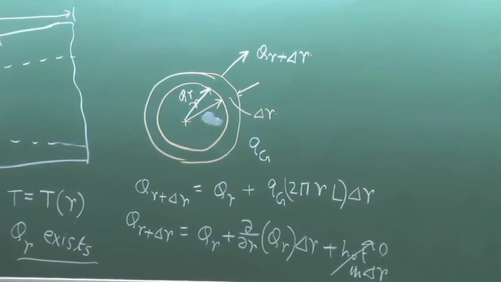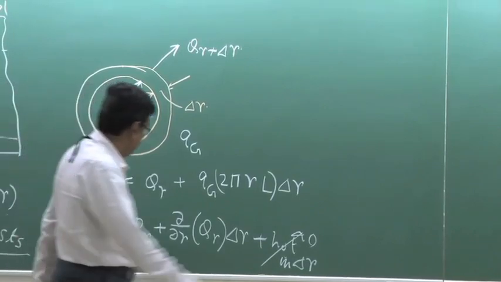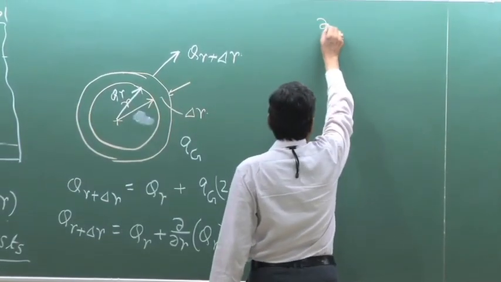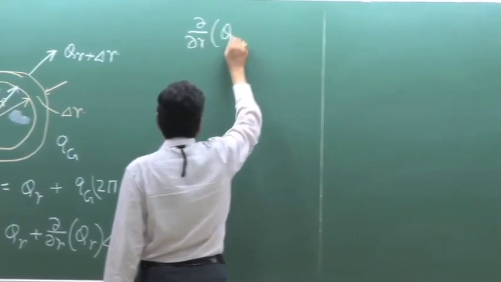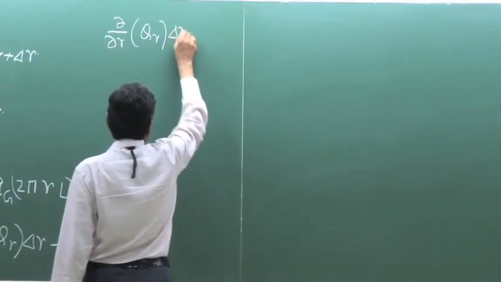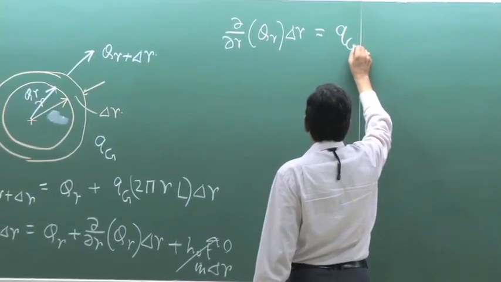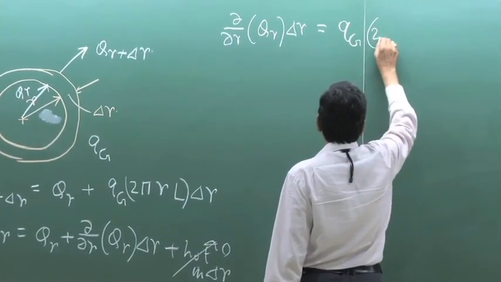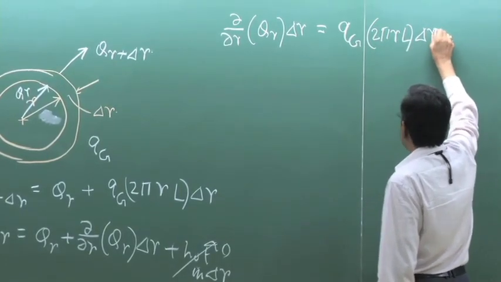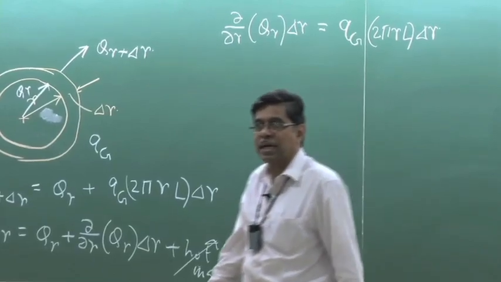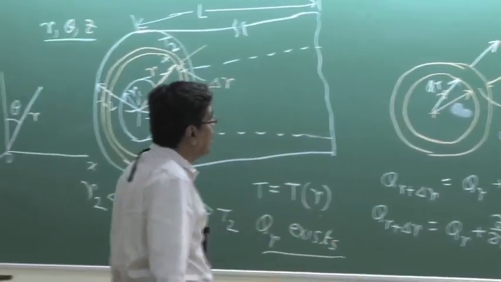So if we write this, then we can write del r of, I am doing it slowly, qr delta r is equal to qg into twice pi r L delta r. So this equation is the same as we did for the plane wall.